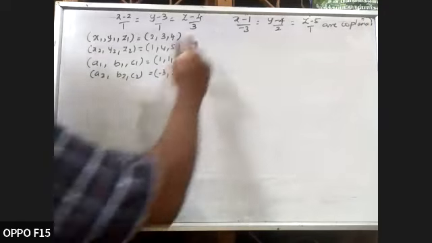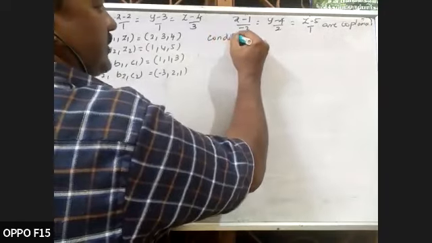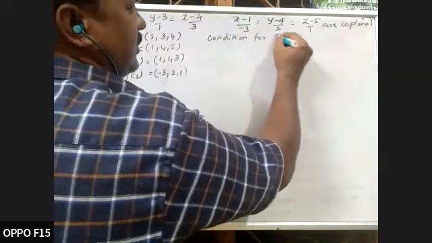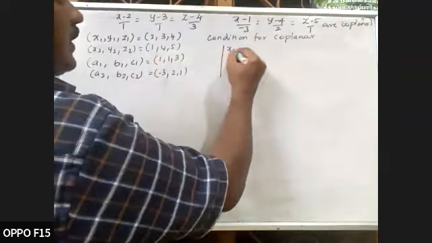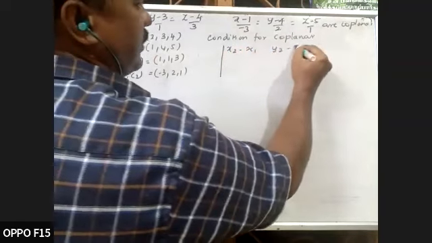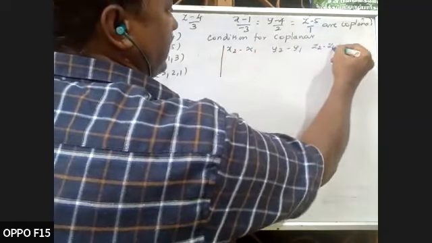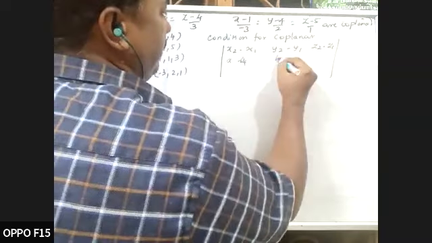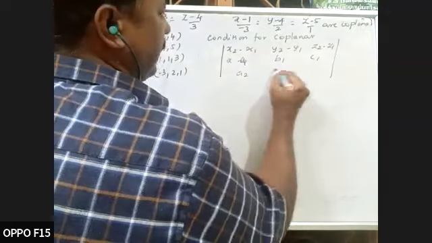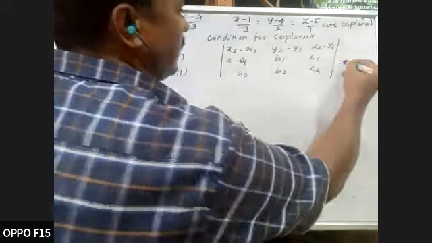Then the condition for coplanar in terms of points: the determinant with rows x2 minus x1, y2 minus y1, z2 minus z1; a1, b1, c1; a2, b2, c2 is equal to 0.